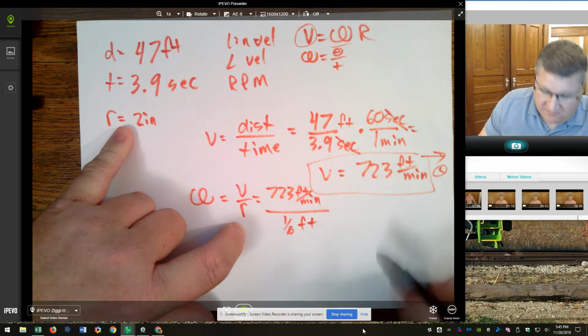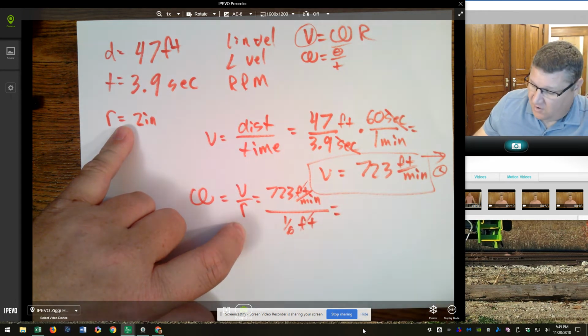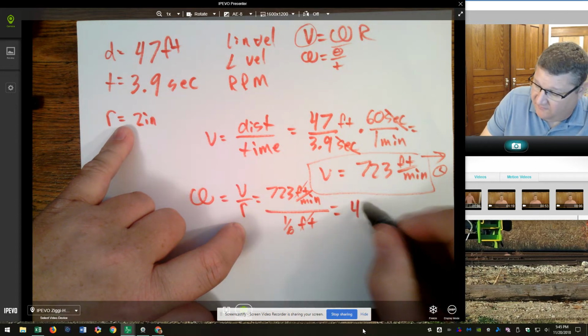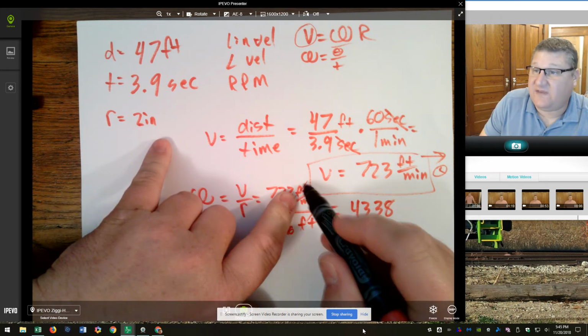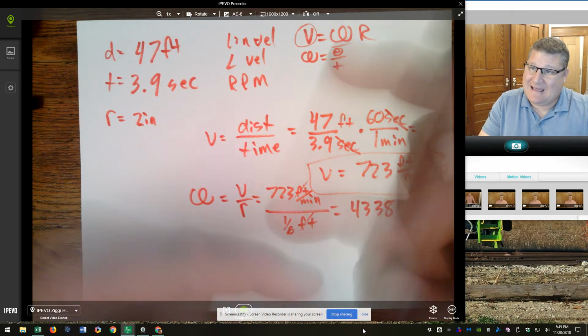Ladies and gentlemen, fractions are not the enemy. Use them. So all we have to do is say 723 divided by, and I'm going to put 1/6 in parentheses, and I come up with 4338. You'll notice the feet have canceled out because we're no longer in this straight line area.